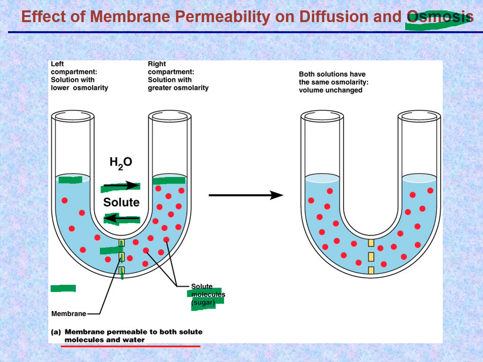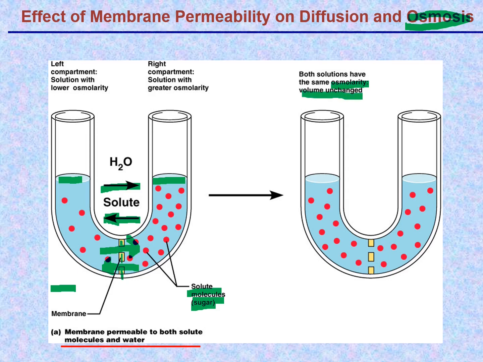So water moves across this way, and the solute will move across the other way until the two are balanced and you have equal concentration on both sides and they both have the same osmolarity. And here the volume is unchanged because everything can move across.